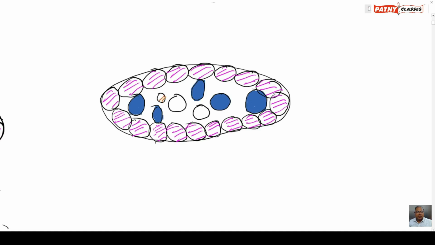So this molecule is most unbalanced, this molecule is most unbalanced, this molecule is most unbalanced. Like this, there are so many molecules that are unbalanced. So those molecules will go down first due to the cohesive forces, due to the unbalanced downward cohesive forces. So these molecules will go down into the liquid.